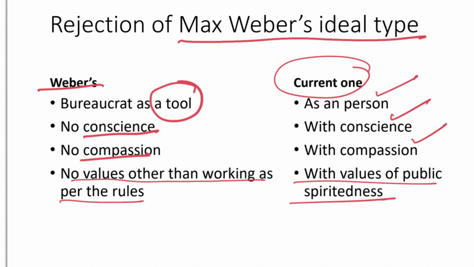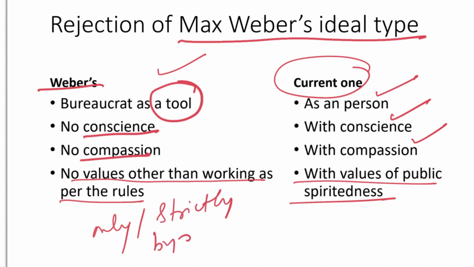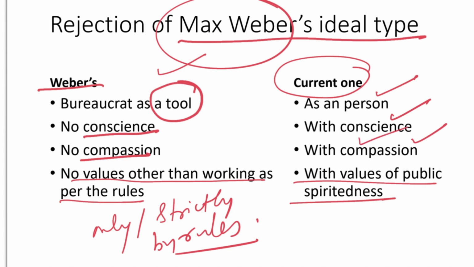Since the bureaucrat is not simply a tool, he doesn't go only and strictly by rules. So one can include Max Weber's ideal type and how it is supposed to be defective, and so one should have values and apply them, because the bureaucrat is supposed to have conscience and compassion.